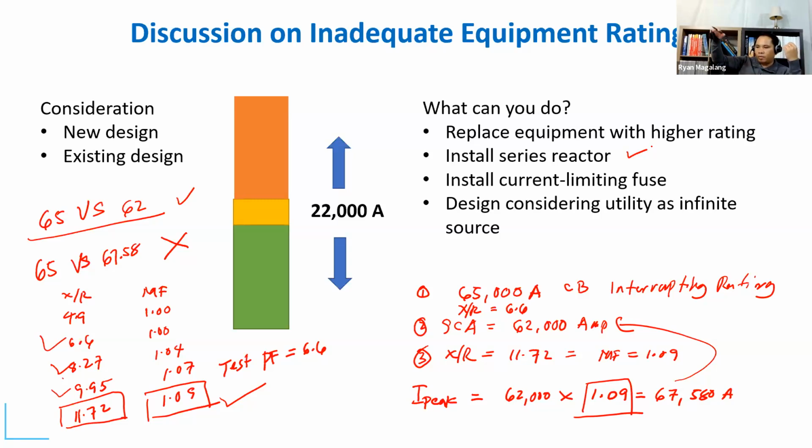So they have added more and more generation, meaning more and more impedances in parallel, which brings down the impedance and increases the fault current. So what you can do is install the same amount of impedance to bring it down. That's what your reactor is doing. You're increasing the impedance, bringing down the fault current. The other one is current limiting fuse.